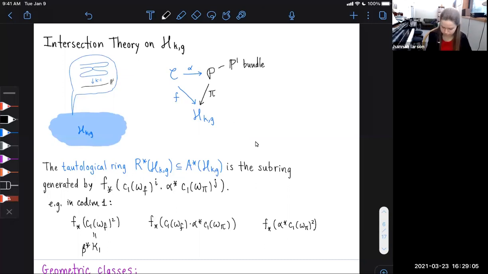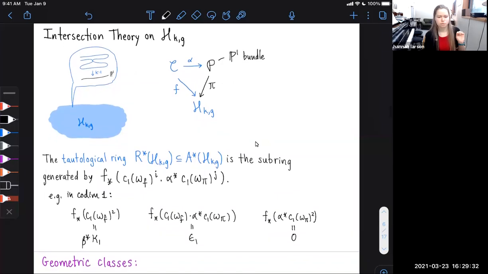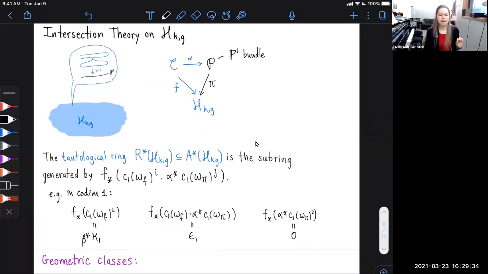The next class I've written here is if we take one copy of c1 of omega_F and one copy of c1 of omega_pi, and I'll call this class epsilon 1. And the last thing you might think to do, which is take just c1 of omega_pi squared, that actually turns out to just be 0. So the codimension 1 tautological classes are generated by these two classes here.